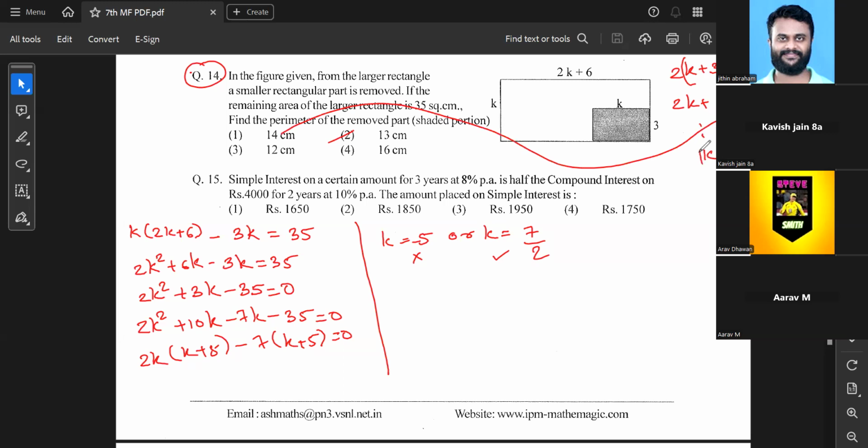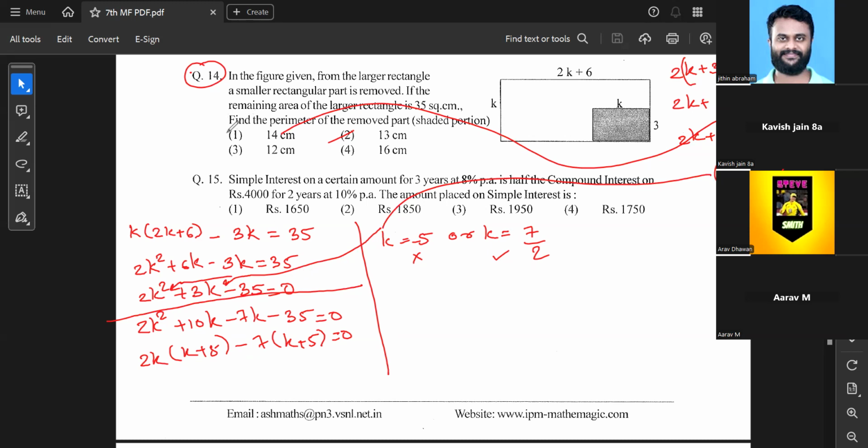For example, let's say 14. So 2k plus 6 is equal to 14. That should give you 2k is equal to 8, and divided by 2, k is equal to 4. Now you try substituting k is equal to 4. Till here, you'll have to solve anyway because you cannot skip this part. And once you get k is equal to 4, you substitute it over here and check whether it is satisfying the equation.